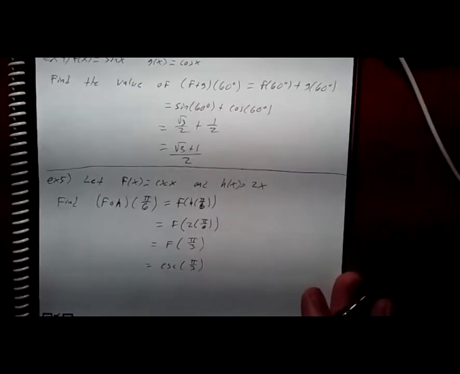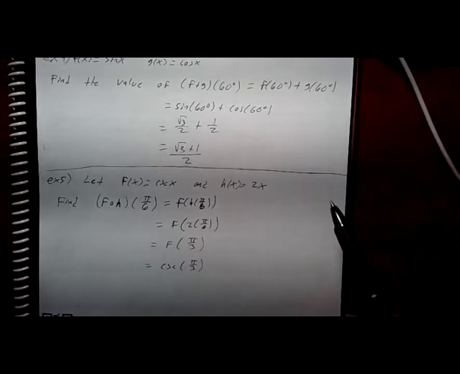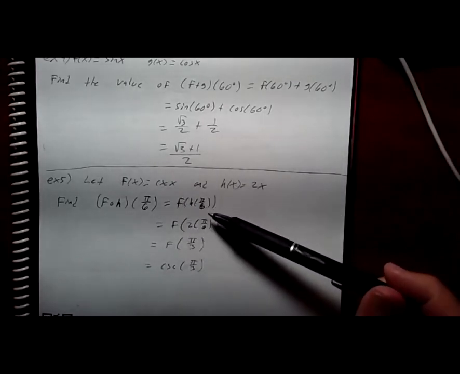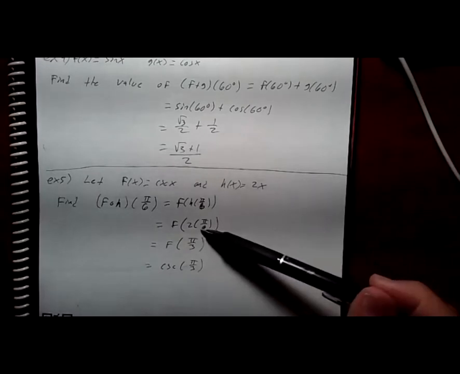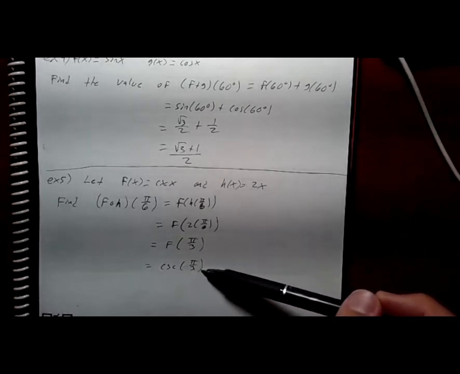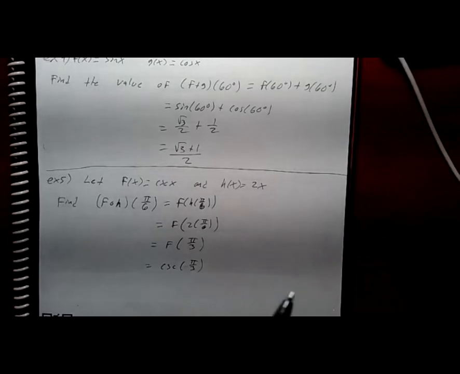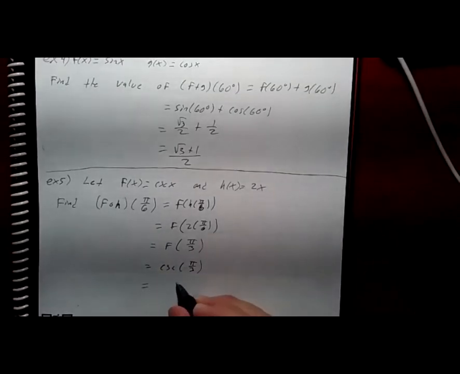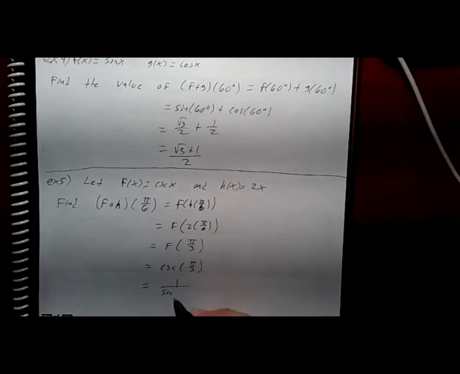Okay. So we're just doing a composition. Goes into the h first. H simplifies it, goes into the f. Here's the f. This is actually the same as 1 over sine of pi thirds.